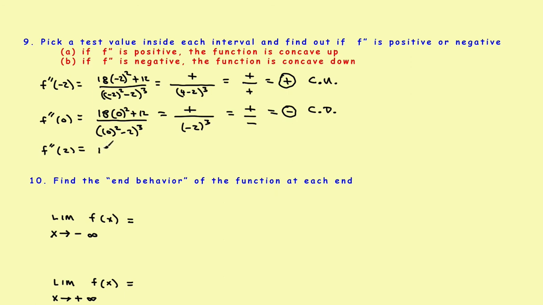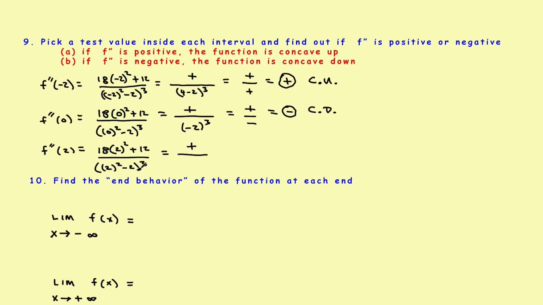So finally, let's see what's going on in the third interval. 18 times 2 squared plus 12 divided by 2 squared minus 2, the whole thing cubed. So in the numerator, when you square that, everything in the numerator is positive.